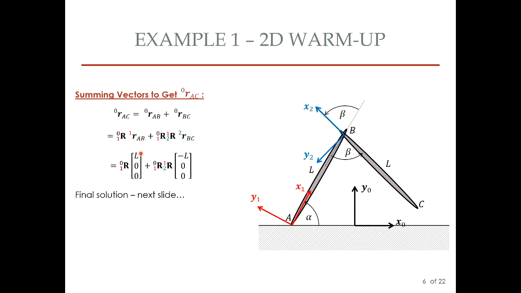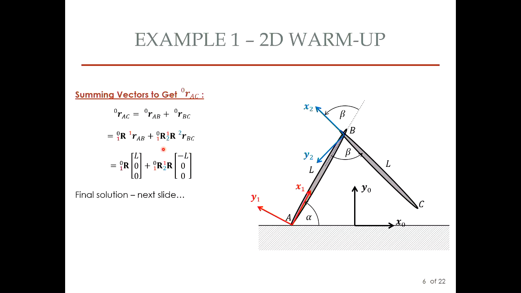So first, as I said, RAB I'm finding in frame 1. Then I'm using the rotation matrix from 1 to 0 to make this combination in frame 0, like this one. And then RBC in frame 2, as I said, minus L00.